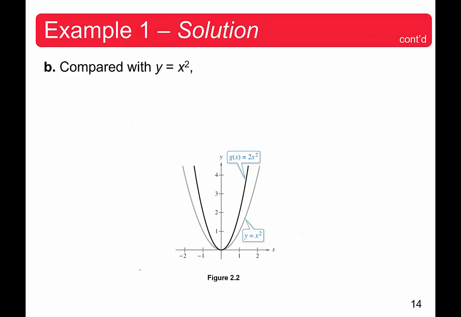The second one, compared with y equal to x squared, we have a leading coefficient of 2. That means we have a vertical stretch by a factor of 2. That means the graph becomes narrower.